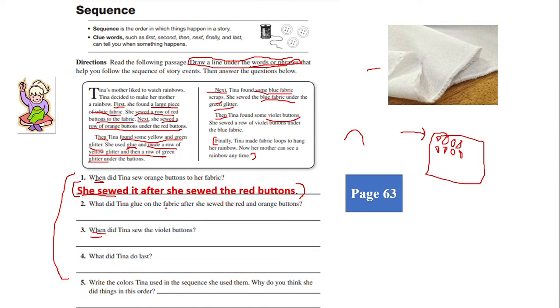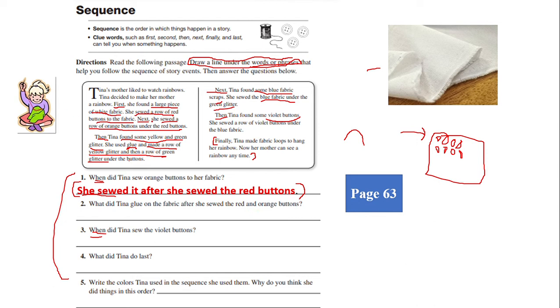When did Tina glue on the fabric after she sewed the red and orange buttons? When did she glue it? What did Tina glue? She glued the yellow and green glitter. So what did Tina glue on the fabric after she sewed the red and orange buttons?